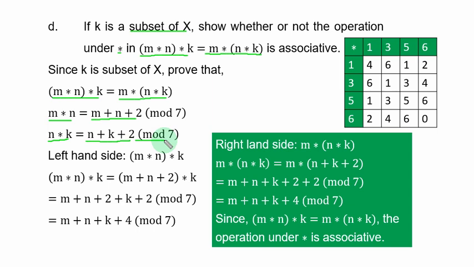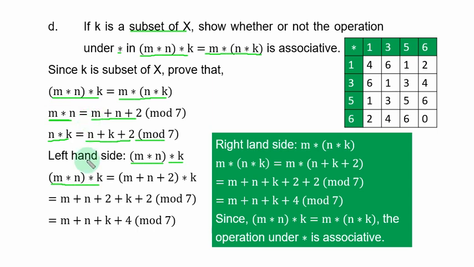So we take the left hand side, that is bracket open m asterisk n bracket close asterisk k. So this is the same expression here. What it means is that anywhere we see m asterisk n, we use m plus n plus 2 to replace it.